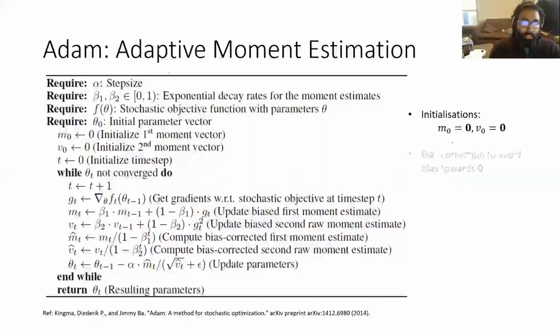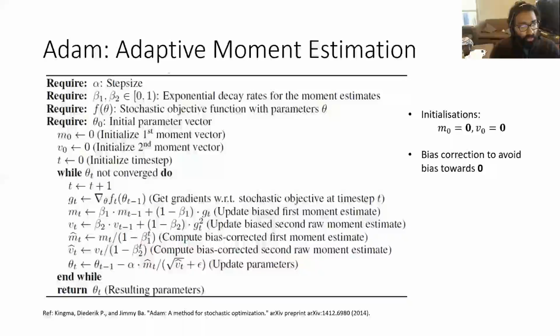First, the moments are initialized to 0. The bias correction is done to avoid bias towards 0. You can see that the moments M0 and V0 are initialized to 0, so initially it may take a while to move from 0. I mean, it will spend more time around 0. So to avoid this bias towards 0, we do the bias correction.